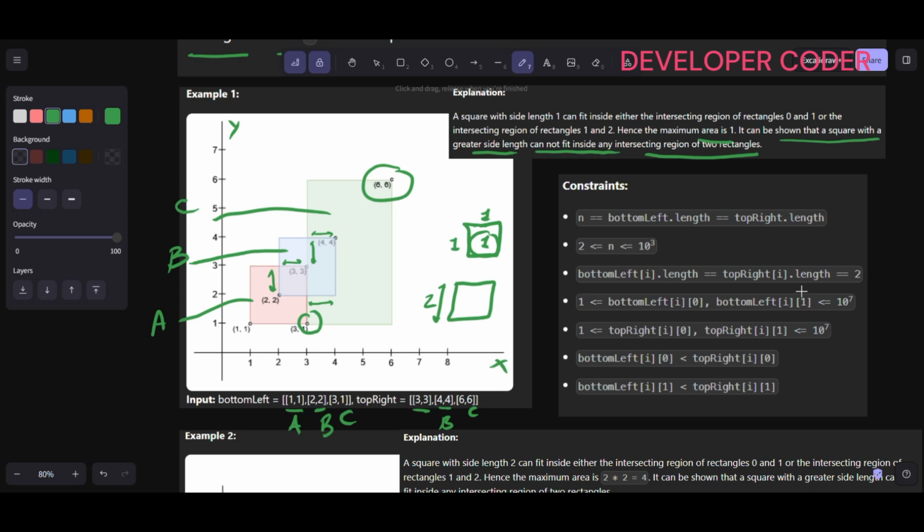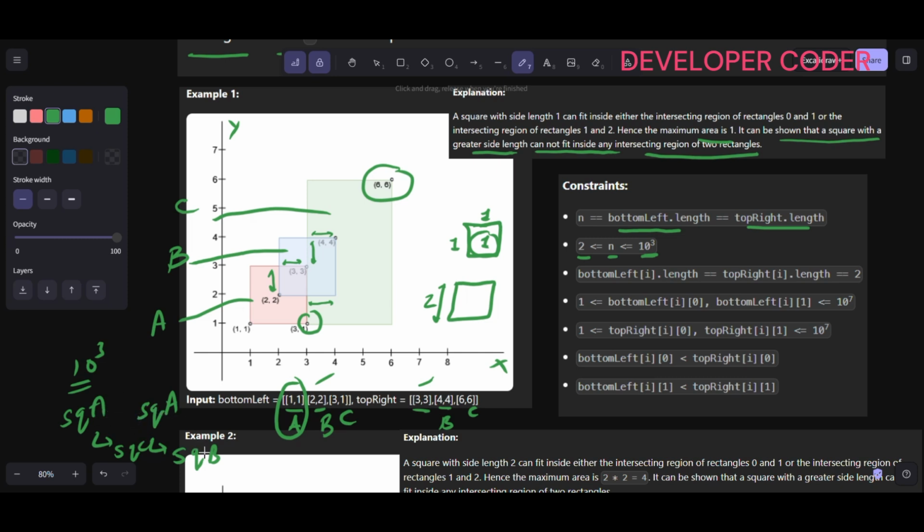Here if you see the constraints, n is equal to bottom left dot length and top right dot length. So both arrays have the same length, and n value is also very small, 2 to 10 to the power 3. So I can do one thing. I can first select this square A, and then compare square A with square B, and after that maybe I pick square A and compare it with square C. If both are intersecting, find the max area.